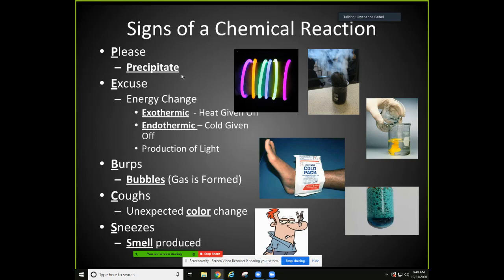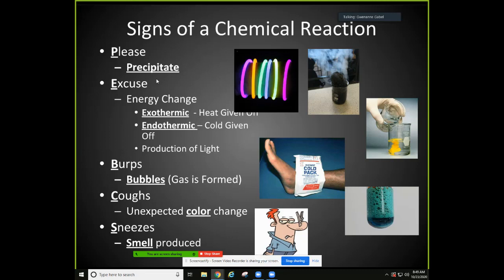That's not a phase change exactly. You're mixing two liquids and then a solid was created. So we're creating a new substance. So a precipitate is a sign that a chemical reaction has occurred. So in a little at-home experiment, you get a cup of milk and you get a cup of Red Bull or a cup of vinegar, and you mix them together and let it sit.